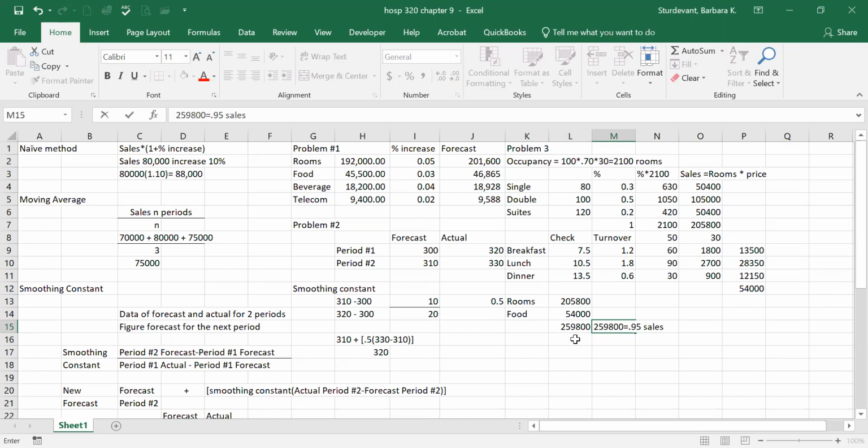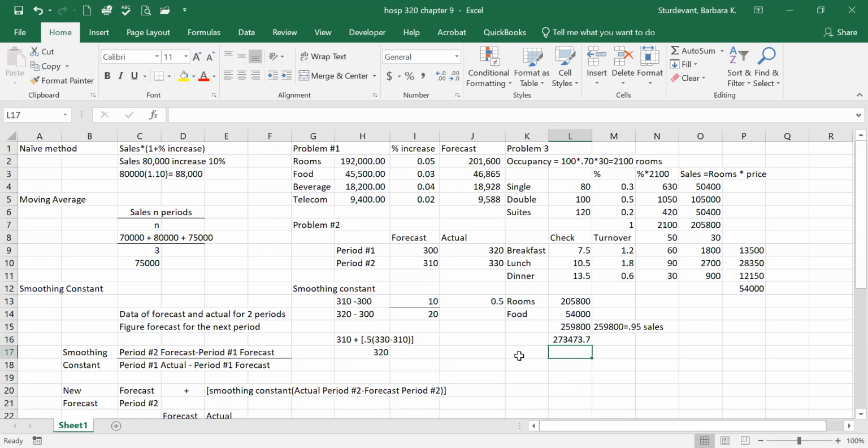And then it just becomes an algebra problem where you're going to end up dividing this by 0.95. So that is your total sales.